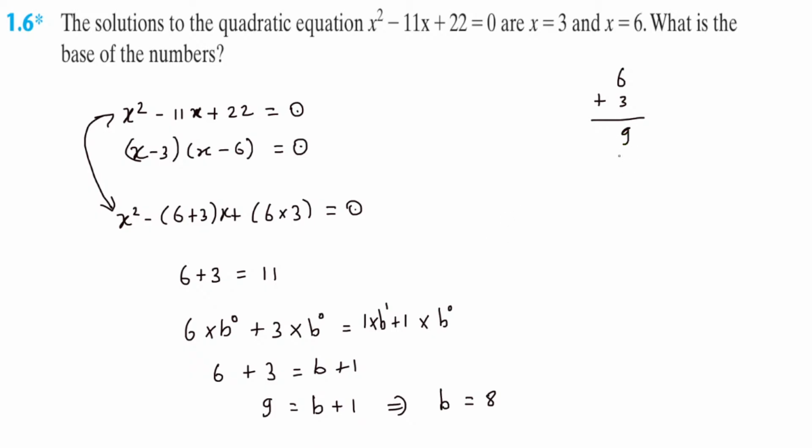Six plus 3 should be 9, but in this base, after 7 it doesn't go to 8 or 9 or 10. It goes to 10, then 11. So 8 is equivalent to 10, and 9 is equal to 11. That's why in base 8, if you add 6 plus 3, you get 11, which is true. So we know that the base of this number is 8.